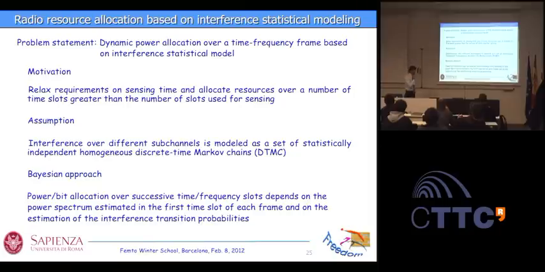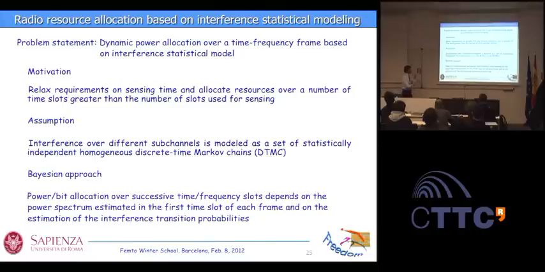It's like we incorporate an interference statistical model in this problem. For example, we model the interference activity as a set of discrete time Markov chains over different subchannels, with their own transition probabilities, possibly different over different channels.